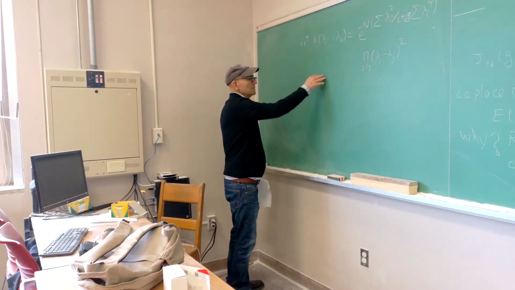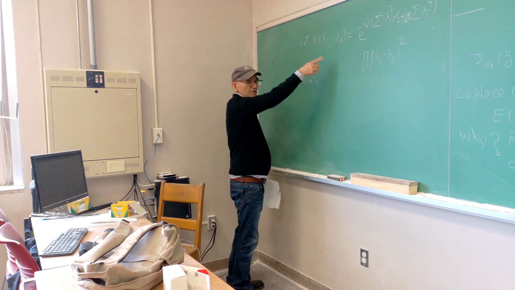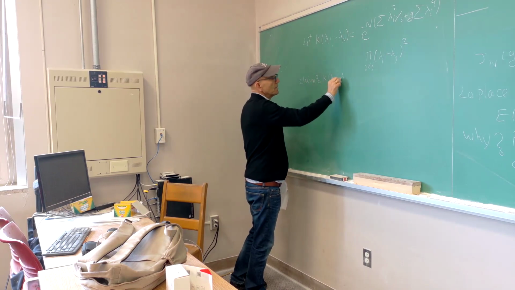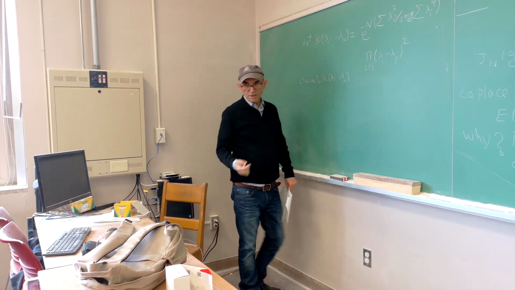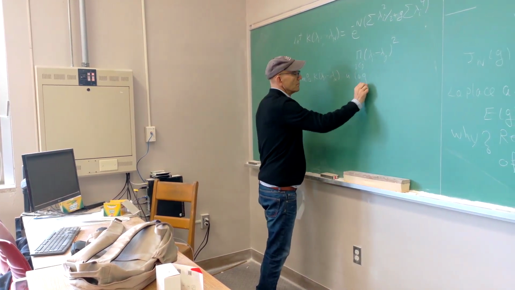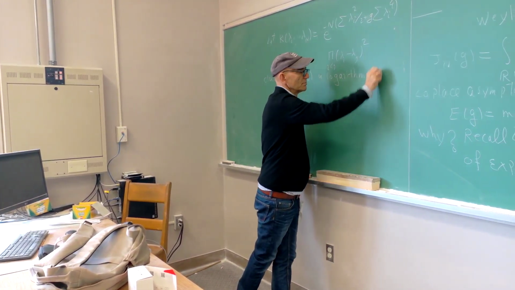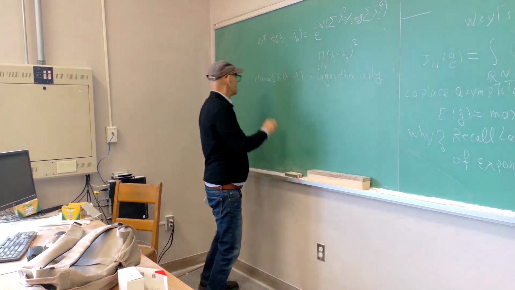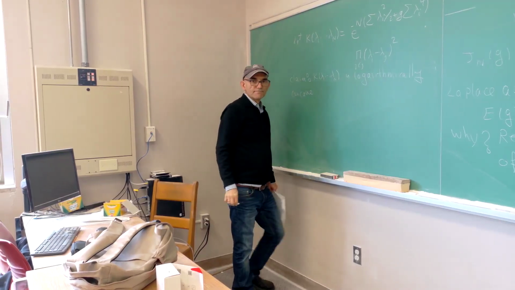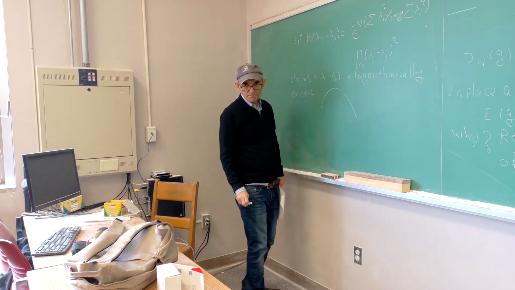So now the claim is, and that's calculus now, that this function k of lambda 1 to lambda n is logarithmically concave. This is concavity.